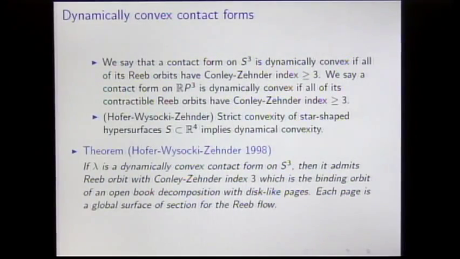And then also each page of this open book is a global surface of section. You have all this two-dimensional reduction that allows you to conclude that there are 2 or infinitely many periodic orbits in the Reeb dynamics.